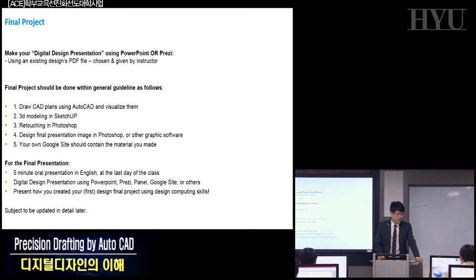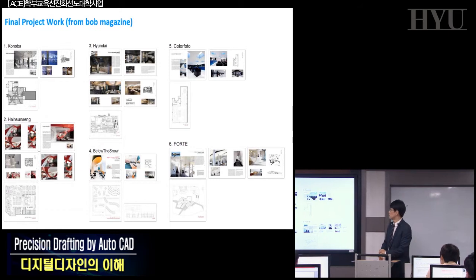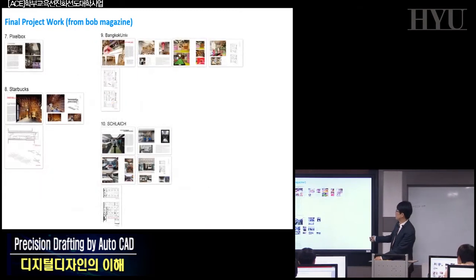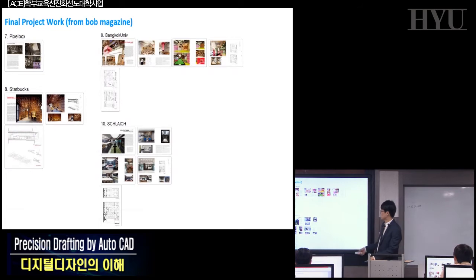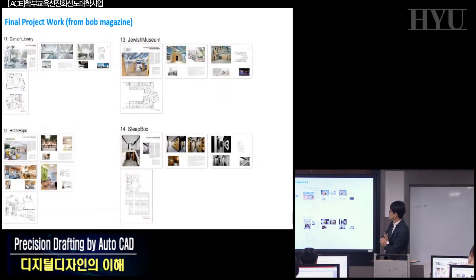A little bit more about the final project. I described the final project description again. And here I attached some examples, total 15. Number 1, Canova. Number 2, 하인 선생, the same as the one that your senior students got last year.